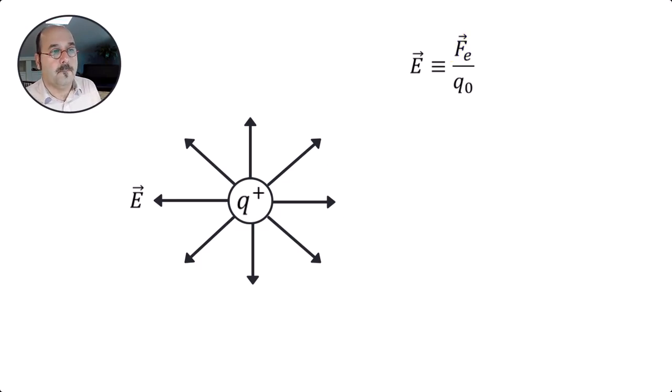A mathematical equation for this has been determined through hundreds of years of physics experiments by people like Michael Faraday that have determined these characteristics of electric field and how they relate to charges.